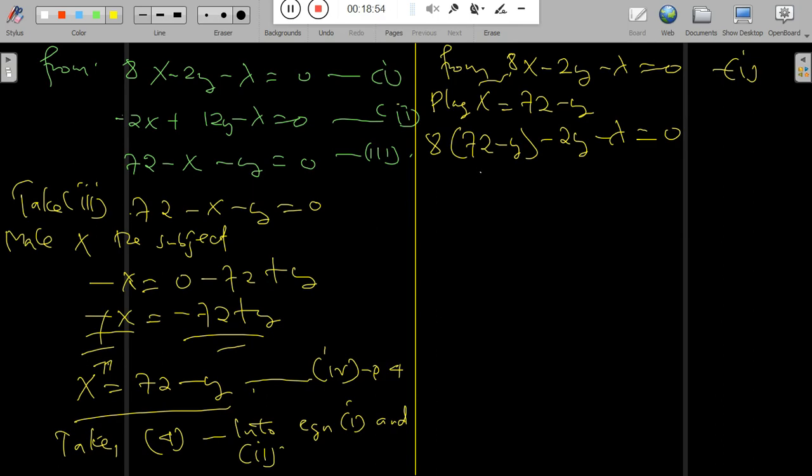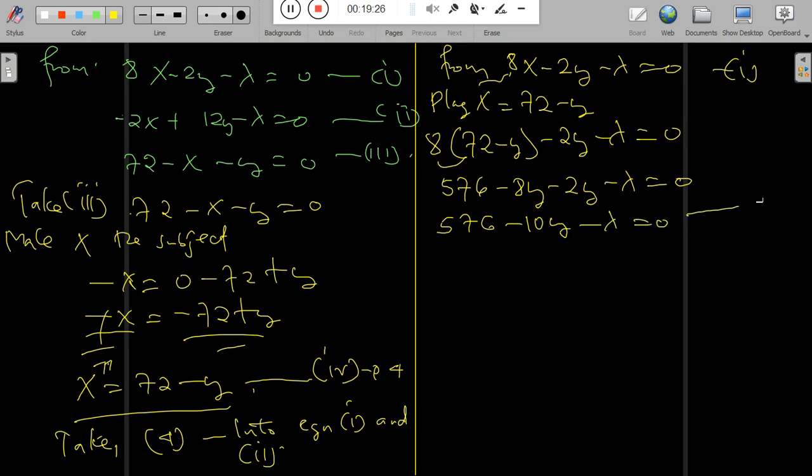This gives 8 times 72, that is 576, minus 8y minus 2y minus λ, which is equal to 0. So it will be 576 − 10y − λ equal to 0.